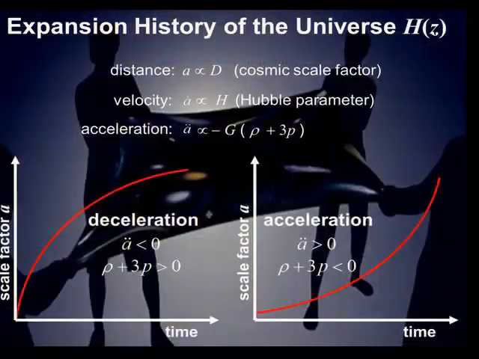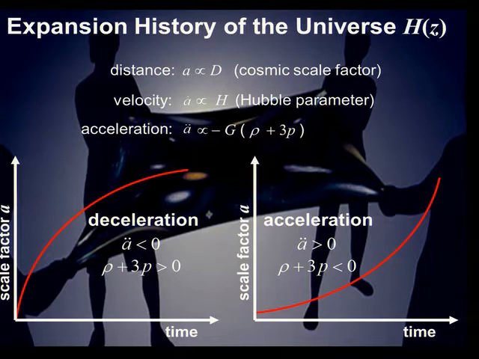So what could cause the universe to accelerate its expansion rather than decelerate? Well, the only dynamical variable in the standard cosmology is the scale factor, which determines distances. The first derivative of the scale factor is a velocity, which is proportional to the Hubble parameter.